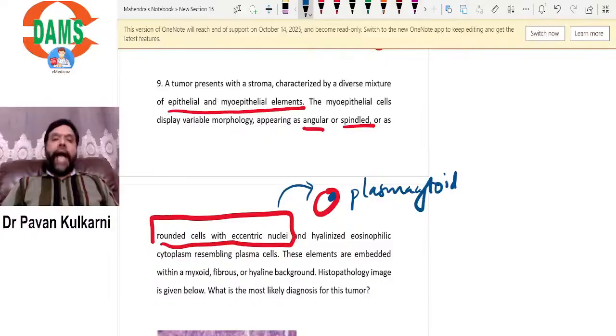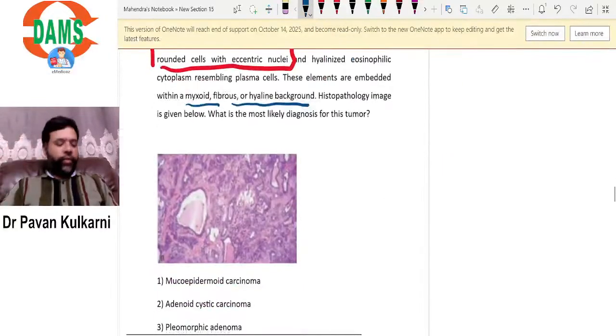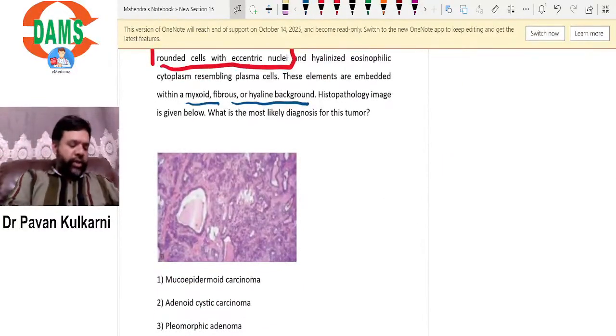Myoepithelial cells are angular, spindle shaped, or plasmacytoid. These cells are embedded in a myxoid, fibrous or hyaline background. Histopathology image is given here below.